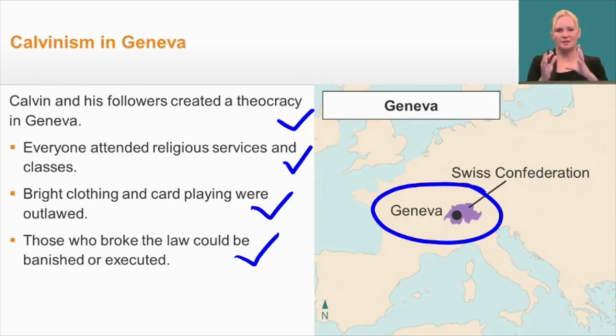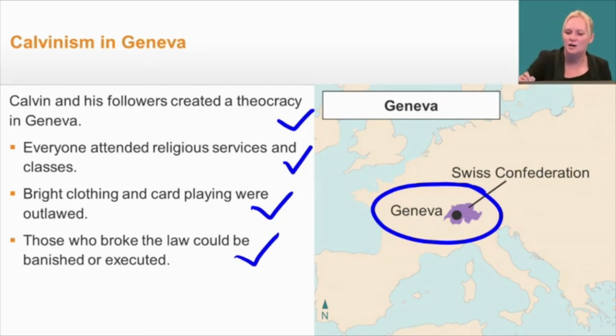And what I want you to really think about, looking at this slide, is to notice the similarities between what's happening right here with Calvinism and the Catholic Church. Remember that before the Reformation began, the Catholic Church was the main church. Everyone was a Catholic. And they had so much power and they gained so much influence.